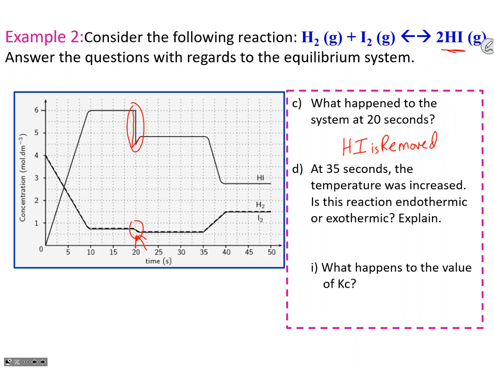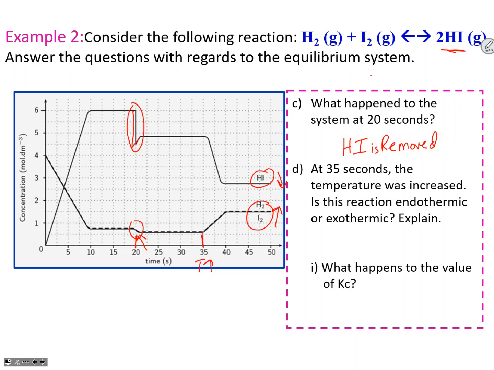Now, for exo or endo here, at 35 seconds, it tells us we increase the temperature. So T goes up here. What you should notice right around there, what happens to our products? Their amount goes down. We're losing products and gaining reactants. So, which way is it proceeding when we disturbed it with the temperature?